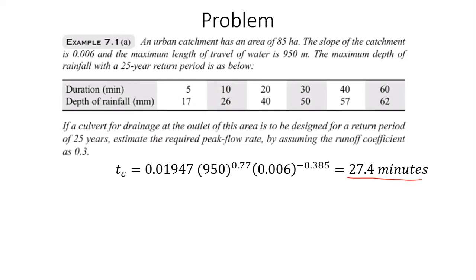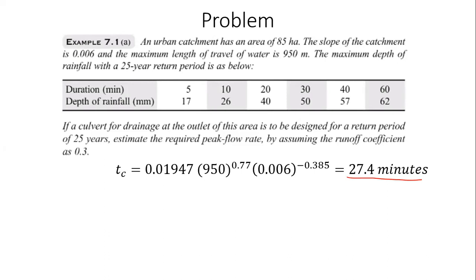So if you remember the assumptions that we showed for using the rational method, you have to assume that the rainfall of intensity I starts at time 0 instantaneously and continues indefinitely. Okay.